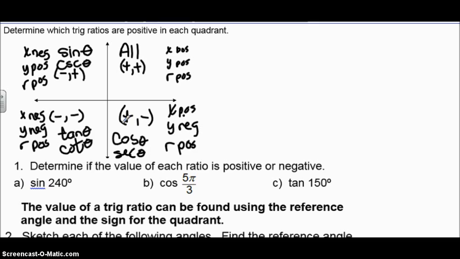Okay, so then how can we determine if the value of each ratio is positive or negative? So we figure out which quadrant 240 degrees is in. So let's see, 180, a little bit more, 240. So it's in the third quadrant. I'll just call that Q3. Okay, so it's in the third quadrant, which means sine will be negative.